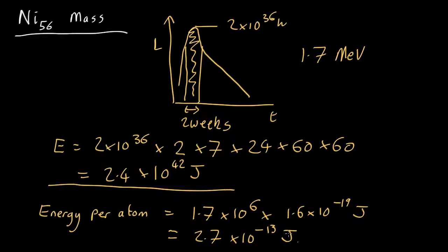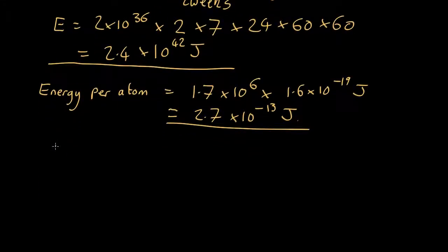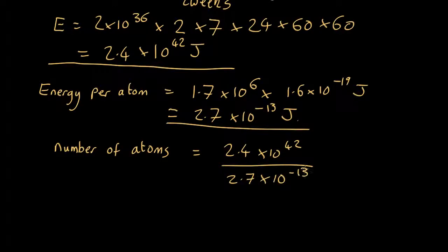So how many atoms do we need? We can divide this by that, and that will tell us the number of atoms, which is about 9 by 10 to the 54 atoms.